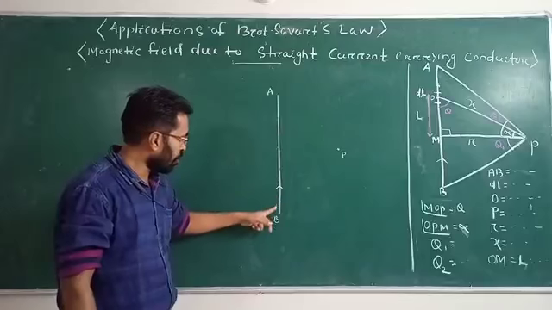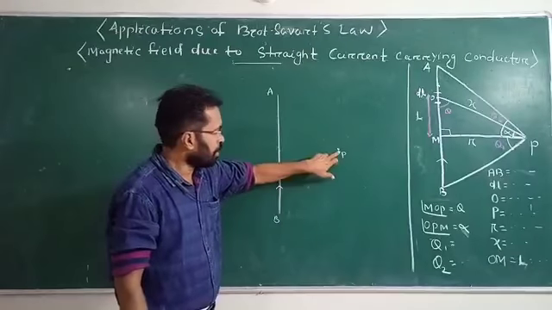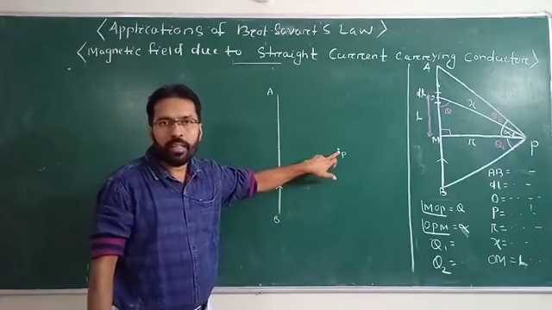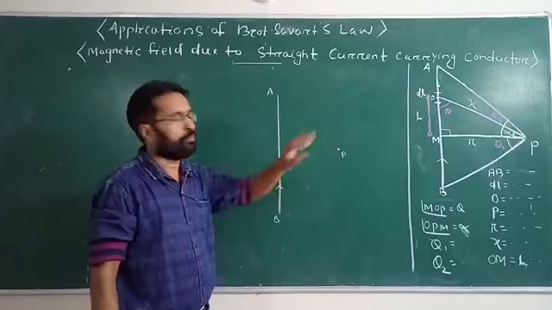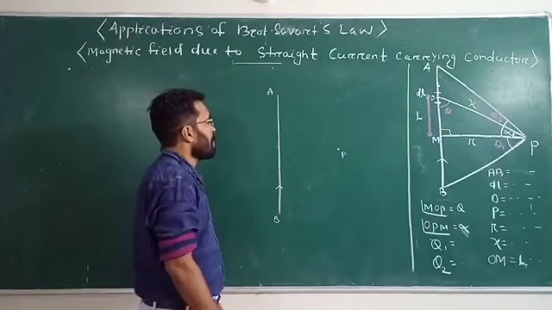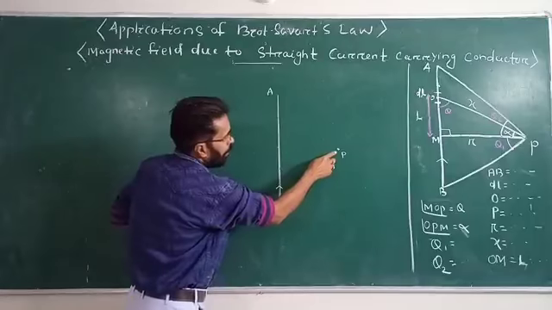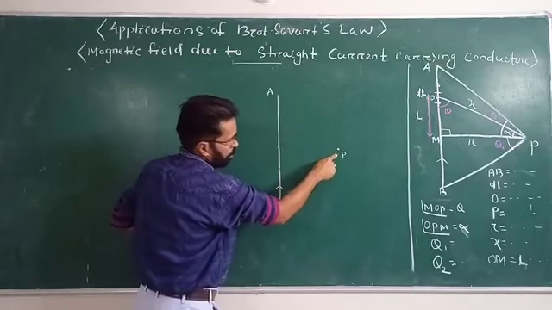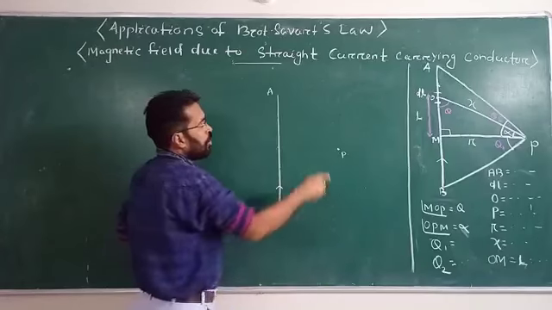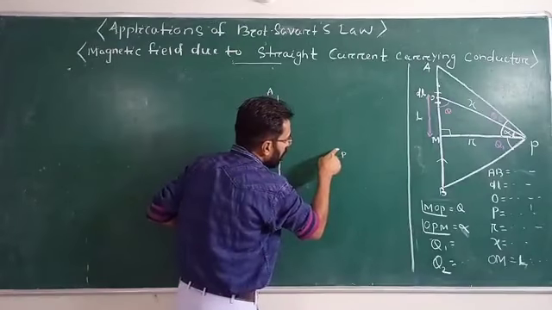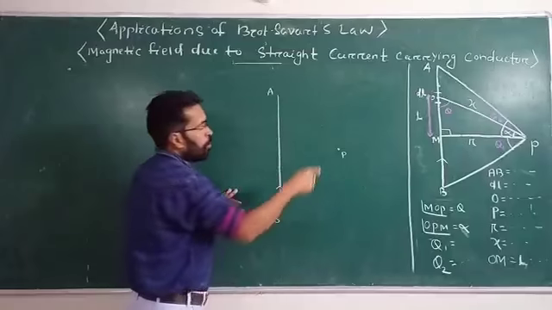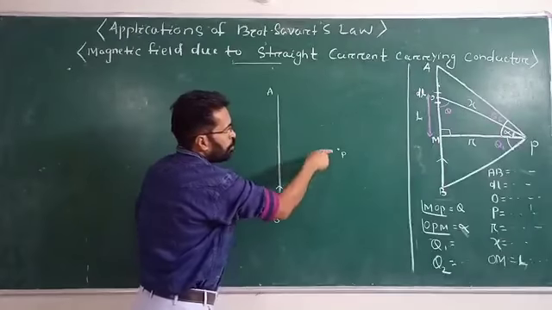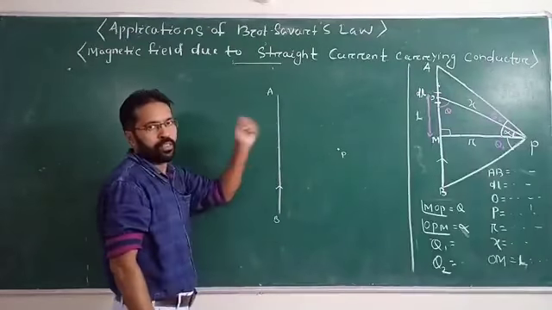So the target is to find the intensity at this point, to find the magnetic field at this point. So you have to identify the point, you have to locate the point, where the point is.